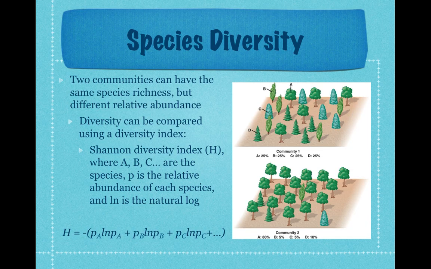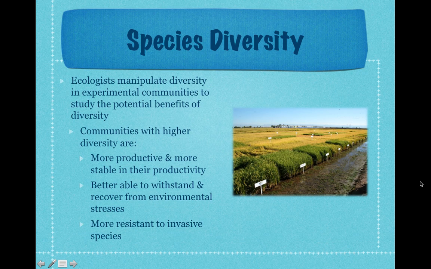But the basic idea here is that you're going to see drastically different indices for this community versus this one. All right, and that's simply because the relative abundance is much more diverse up here than it is down here in community 2. So what does that tell us from an ecological standpoint?